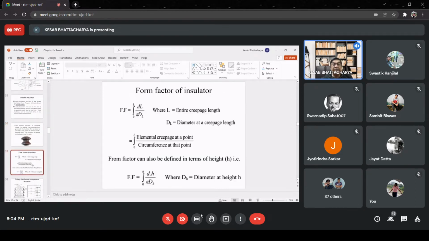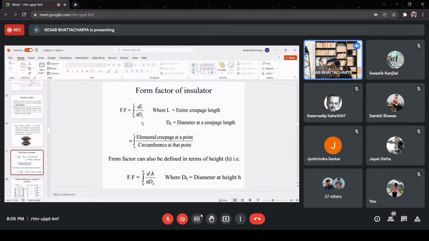Next is form factor of insulators. Form factor of the insulator can be defined in either of two ways. One is the integration over the length of the insulator, 0 to L, where L is the entire creepage length, of dl by pi dl, where dl is the diameter at a creepage length.